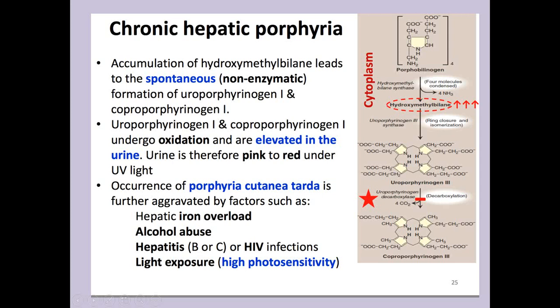Occurrence of porphyria cutanea tarda is further aggravated by factors like hepatic iron overload, alcohol abuse, hepatitis B or C, or HIV infections, or light exposure causing high photosensitivity.